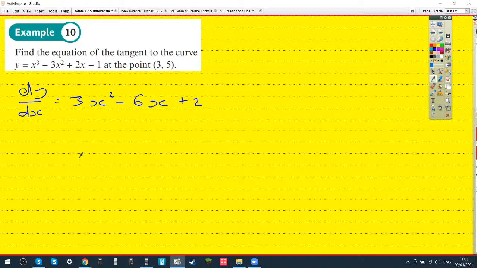And then do you do something with the coordinate of this part? Yeah. Any idea what you'd do? No. You'd sub it in. So just 3 for x? Yes, correct. Because there's no y, so just 3 for x.